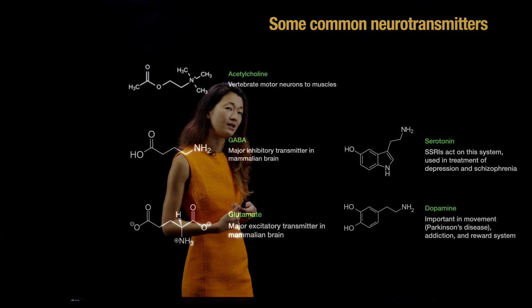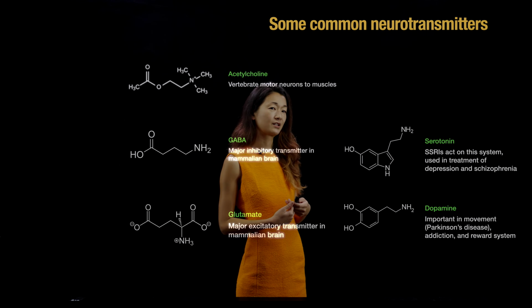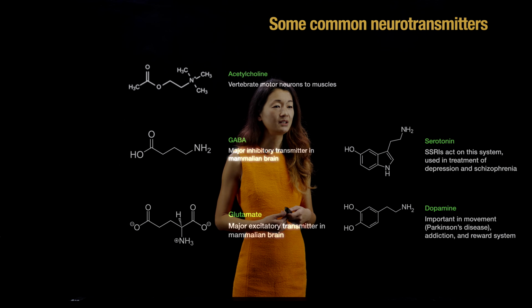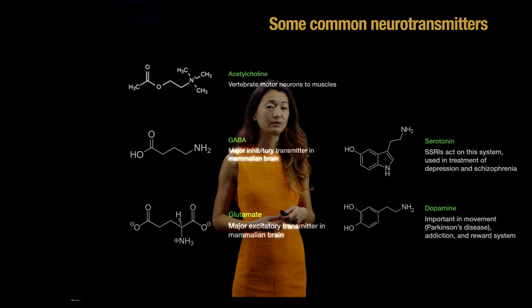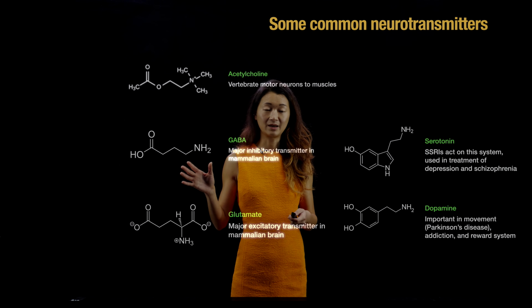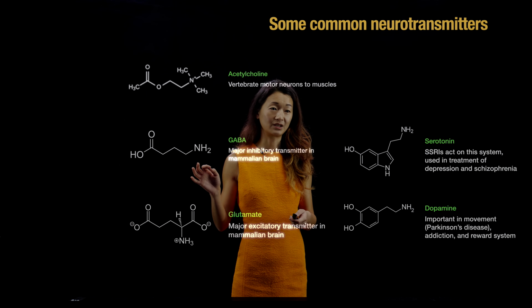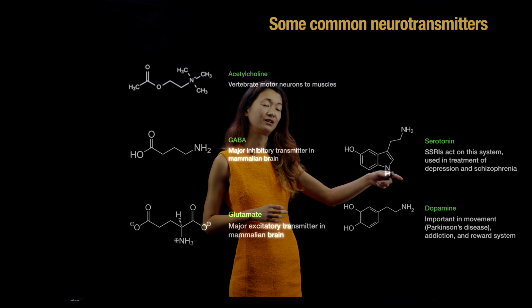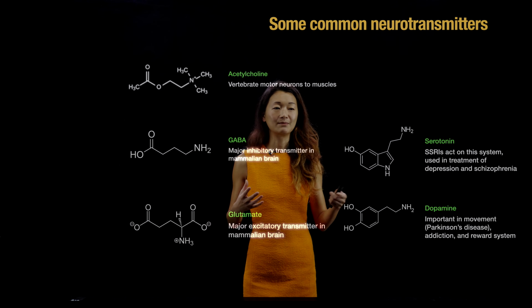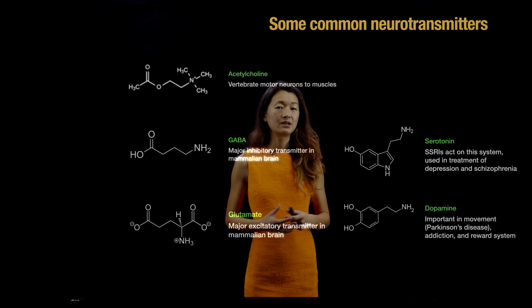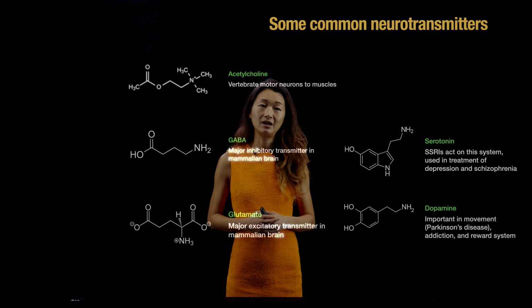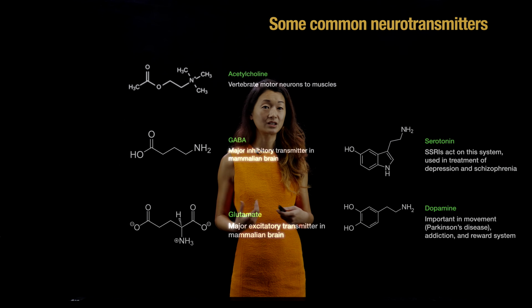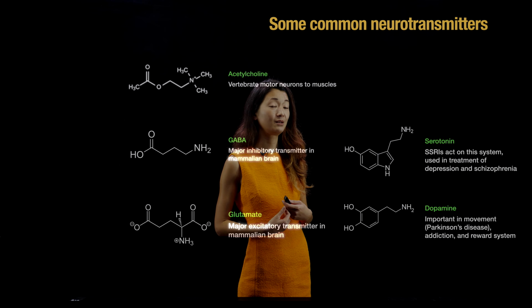So two that we're going to be talking a little bit more about that are pretty important are serotonin and dopamine. These two, as you'll see, are not looking like monoamines. They're not neurotransmitters that are directly derived from these amino acids. In fact, they have these really lovely ring structures that make them stable and hold their particular shape. Serotonin is important because the serotonergic system is the target of SSRIs, selective serotonin reuptake inhibitors.